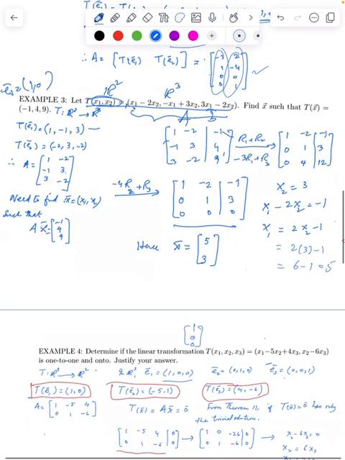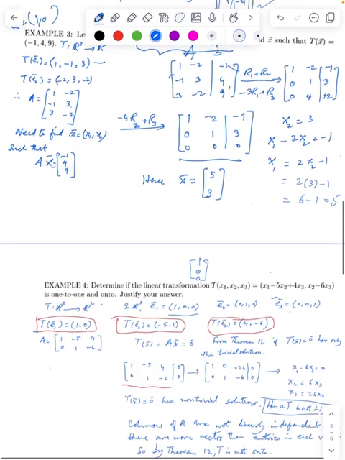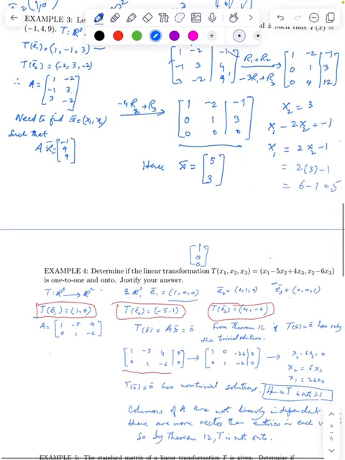Again, we have done some examples, and I hope you now understand how to find A. We first figure out what the transformation is between which sets. Here I have a 3 component vector, so T is from R3, and on this side I have 2 component vectors, so this is from R3 to R2.